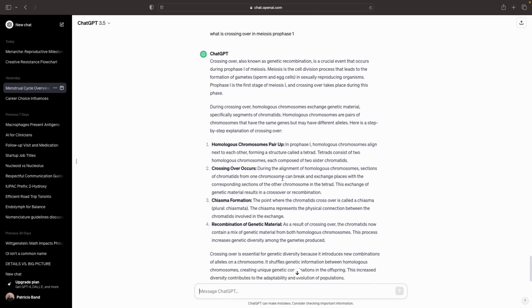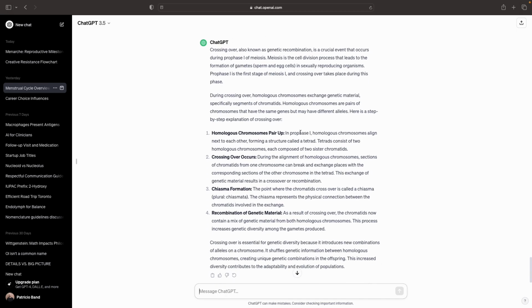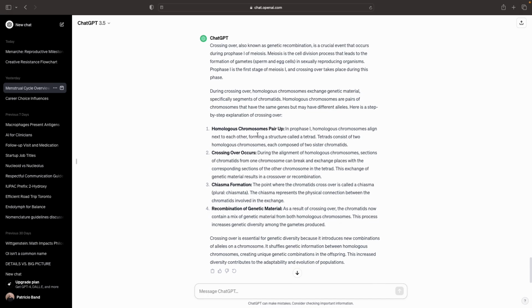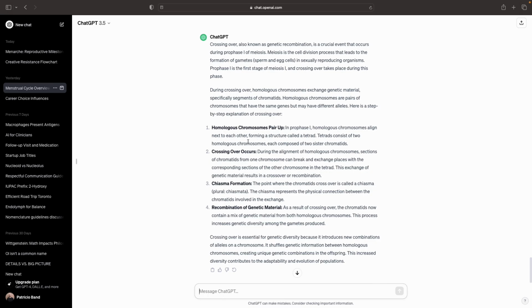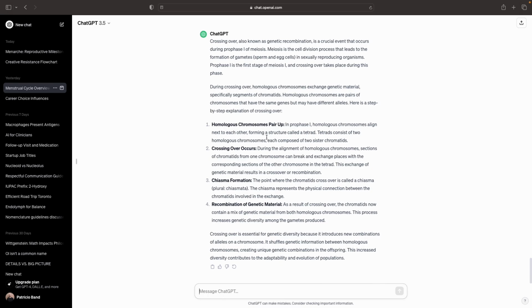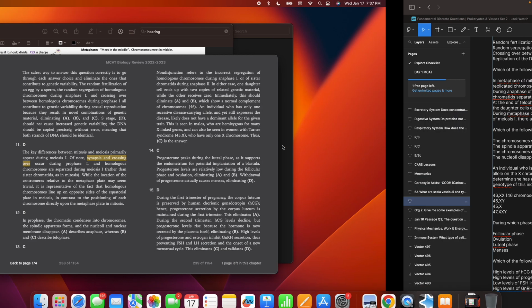Here's a step-by-step. They pair up. In prophase 1, homologous chromosomes align next to each other, forming a structure called a tetrad. Tetrads consist of 2 homologous chromosomes, each composed of 2 sister chromatids. During the alignment of homologous chromosomes, sections of chromatids from one chromosome can break and exchange places with the corresponding sections of the other chromosome in the tetrad. This exchange of genetic material results in crossover or recombination.